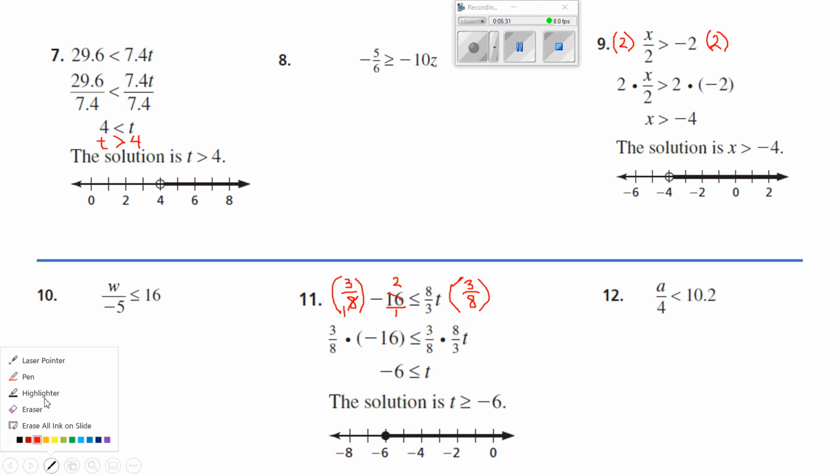Again, I want to move this around so I can follow my inequality sign. And as I said, t will be greater than or equal to negative 6, just as it says here. We'll shade in the dot and put our line there. And now we're headed to number 13.